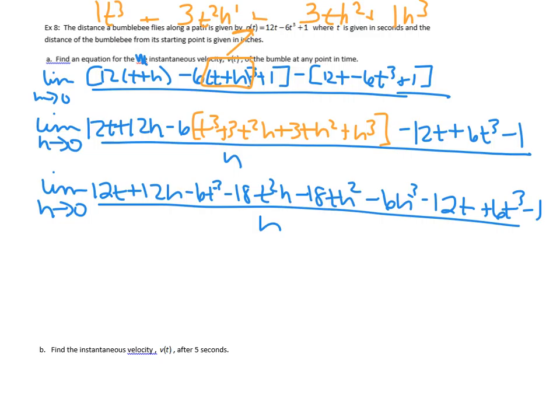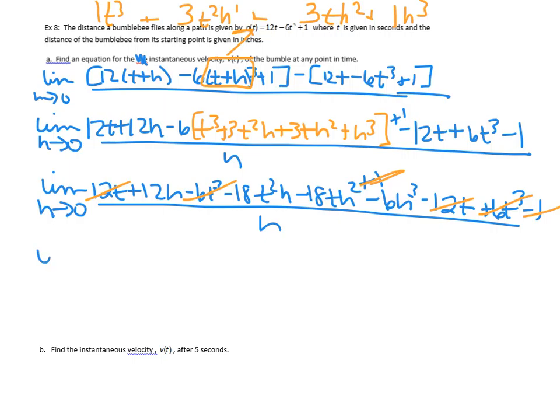So now I can cancel out my 12t, my 6t cubed, and my minus 1. I forgot the plus 1 on the end. So there's a plus 1 in here, but it's going to get canceled.